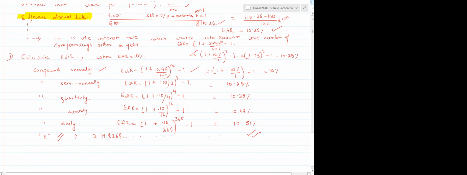See, E is nothing but the maximum possible result, or the maximum possible FV, that we can get if we continuously compound a 100% growth rate for one time period.